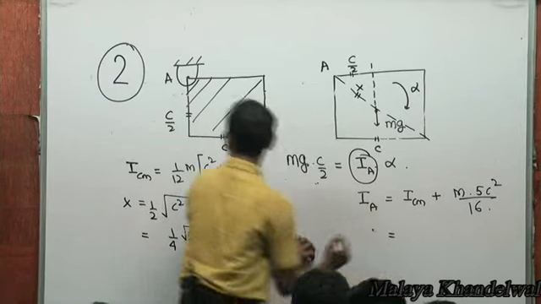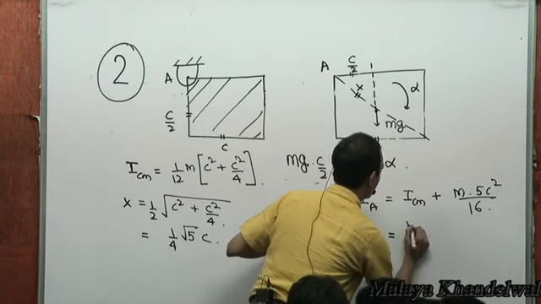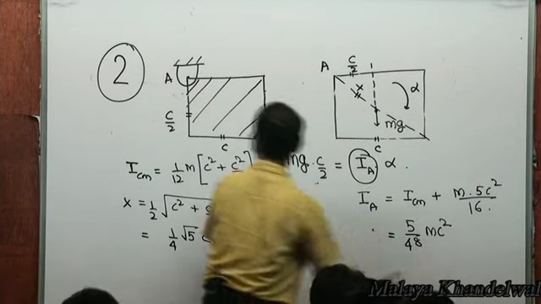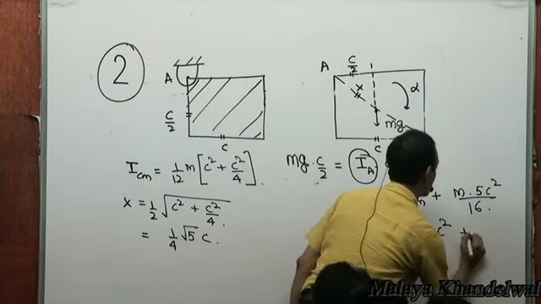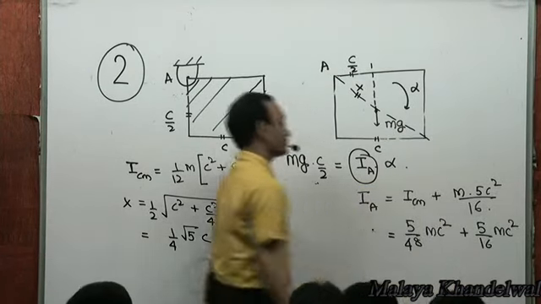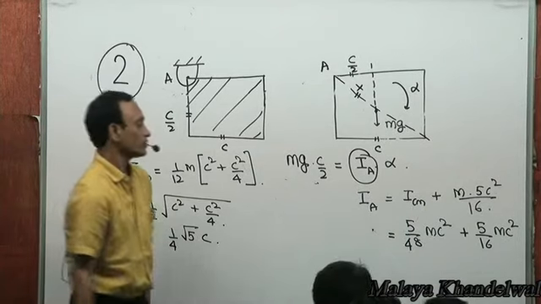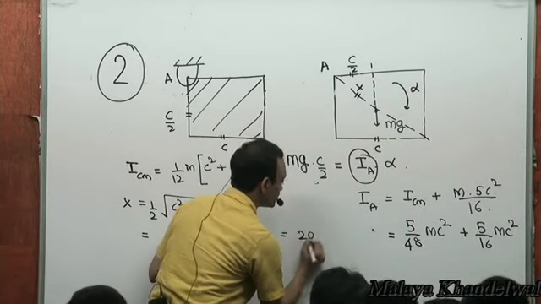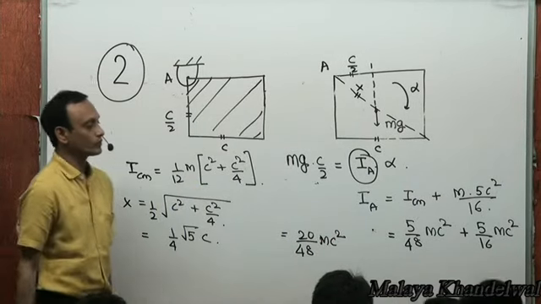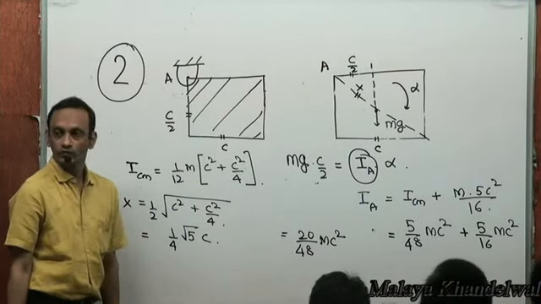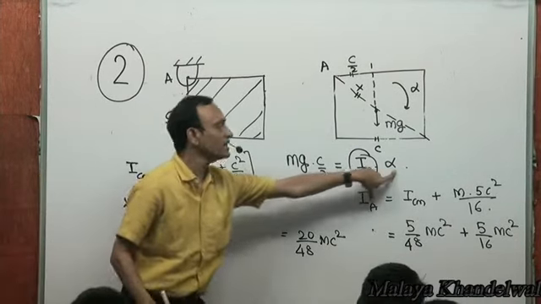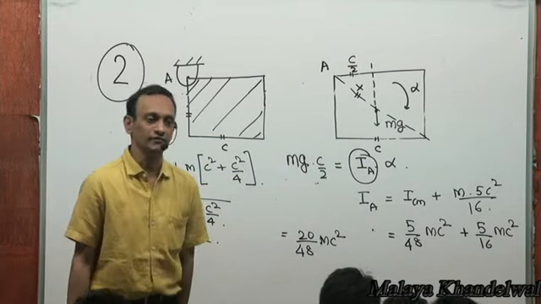So this is 5/48 mc squared plus 5/16 mc squared, which is 20/48 mc squared. That's I about this axis, which you can plug into this and obtain the value of alpha.